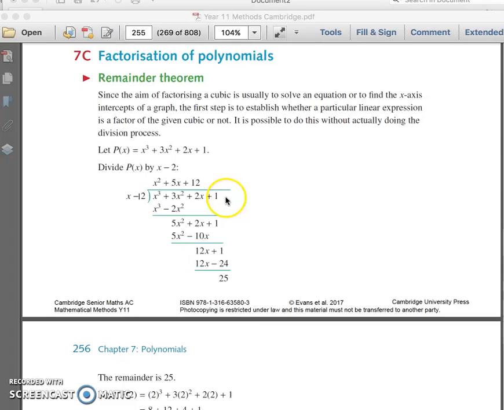If you notice here, we've got a cubic divided by a linear, and the remainder was 25. Now, x take 2 is not a perfect factor of this cubic, because obviously there's a remainder, so it doesn't actually divide perfectly. If this was a factor, the solution would be x equals 2.